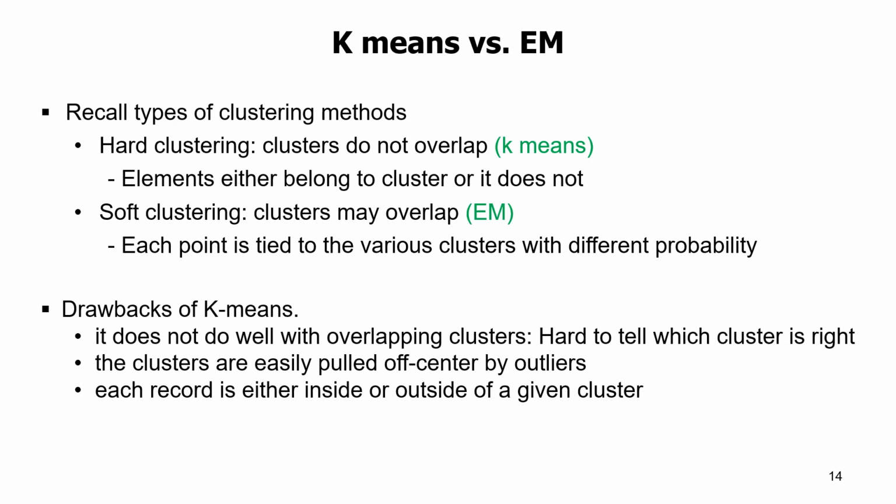The next clustering algorithm you're going to study is the expectation maximization algorithm. We learned the k-means algorithm earlier, and the EM algorithm we're going to study here is actually a more general case of k-means.